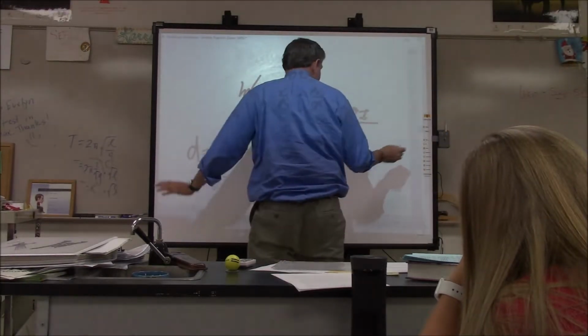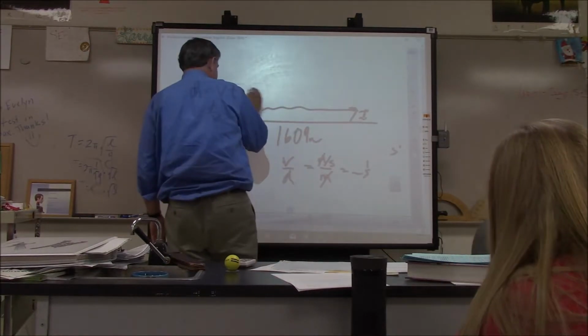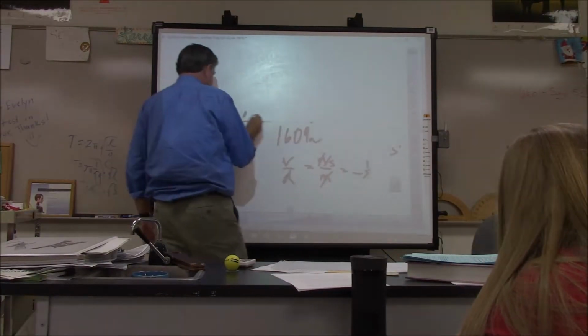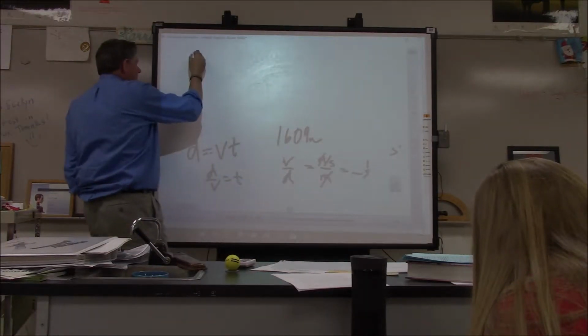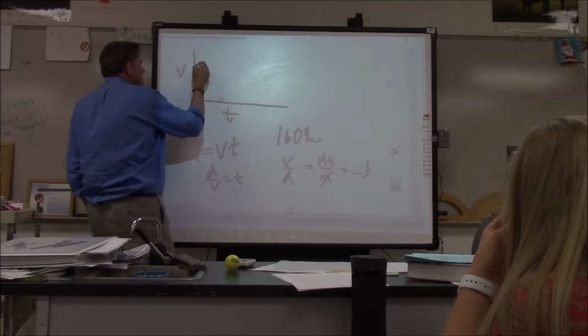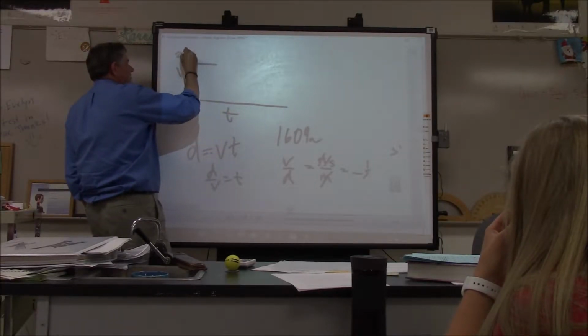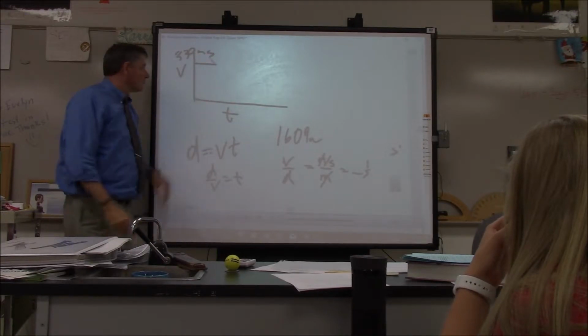Another option is you go, Mr. Burkamp, I like geometry. I like shapes. Always been a big fan of shapes. Okay, good. I'm happy for you. So, the other way you can work this is actually on a velocity time graph. Okay? So, here you've got the speed of sound, about 330 meters per second. That's their height, right?